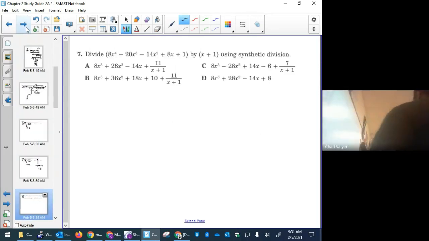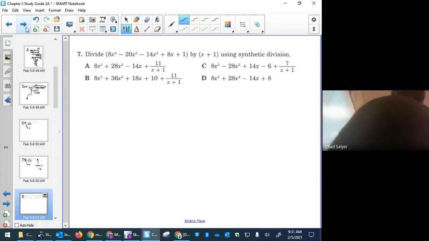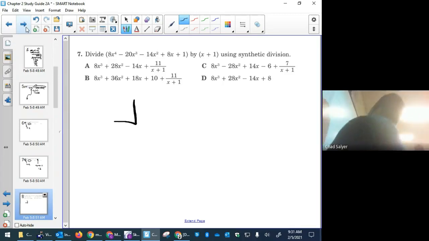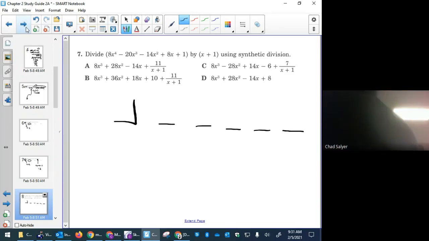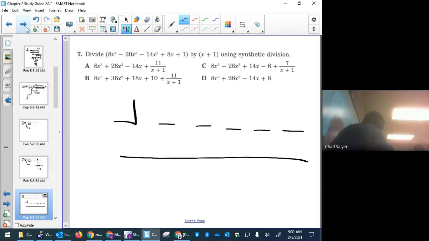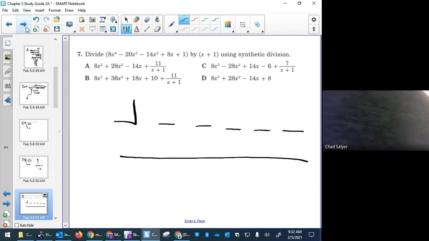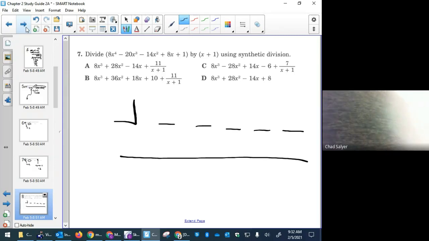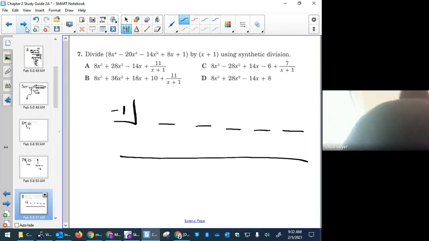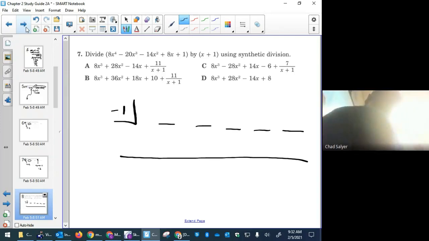Number 7, divide by using synthetic division. Cole, can you tell me what would go here? -1. Very good. And then Ben, can you tell me what this number would be? 8.